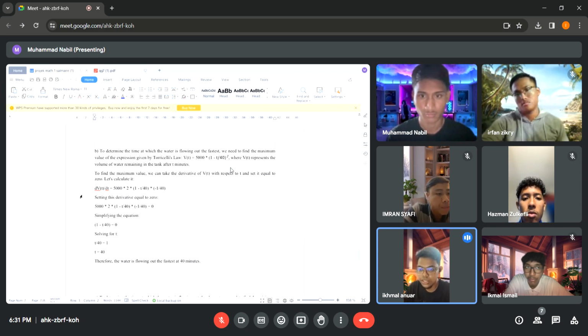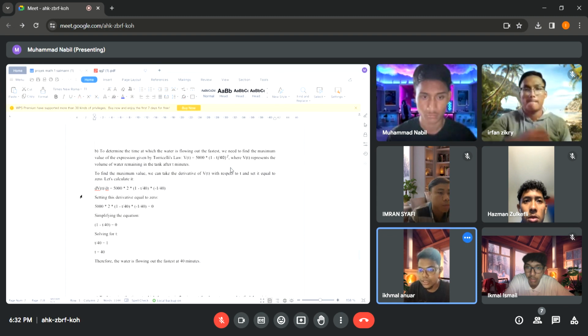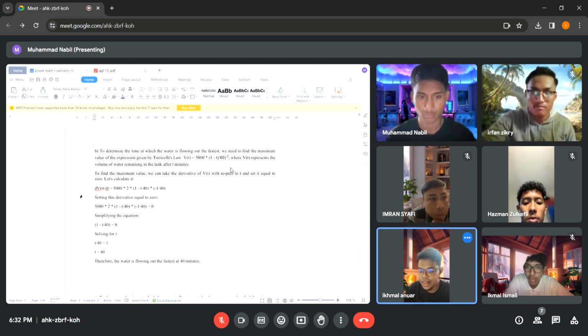So the calculation is dV/dt equals 5,000 multiplied by 2 multiplied by (1 minus t over 40) multiplied by negative 1 over 40, which equals 0.